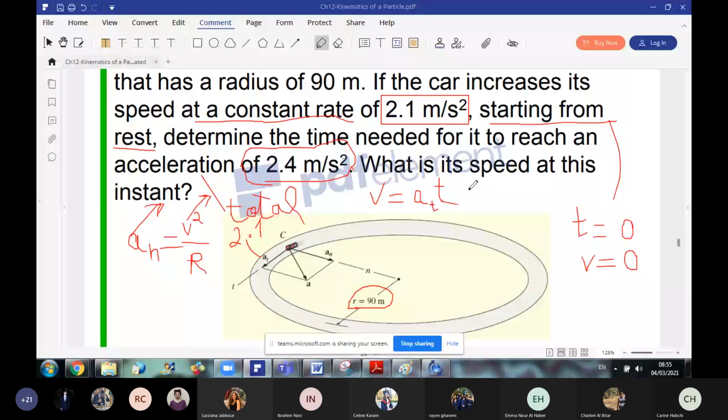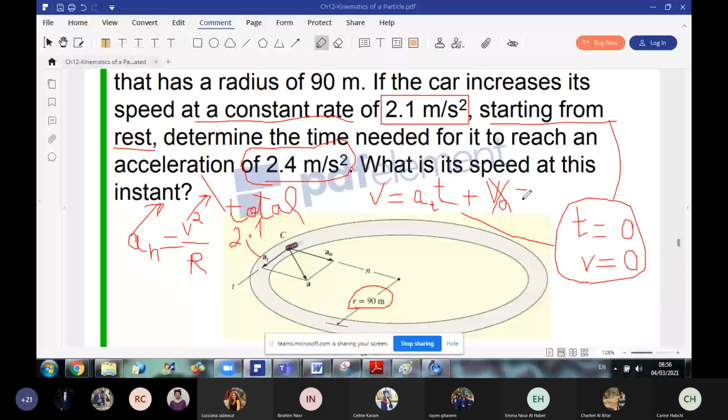Now in this equation I will use the boundary condition to find v0. They said at t equals 0, v equals 0. So if I replace back here, v0 is 0. So my velocity v can be written as 2.1 times t.